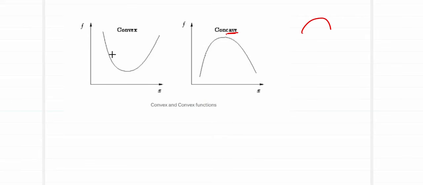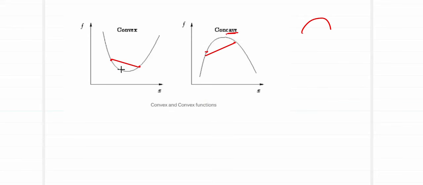Geometrically, if we take any 2 points in the graph and connect them by means of a straight line, if the line is entirely above the curve, then you call the function convex. In a similar fashion, if you take any 2 points on the curve and connect them by means of a line, and the line segment is entirely below the curve, then you call it a concave function.